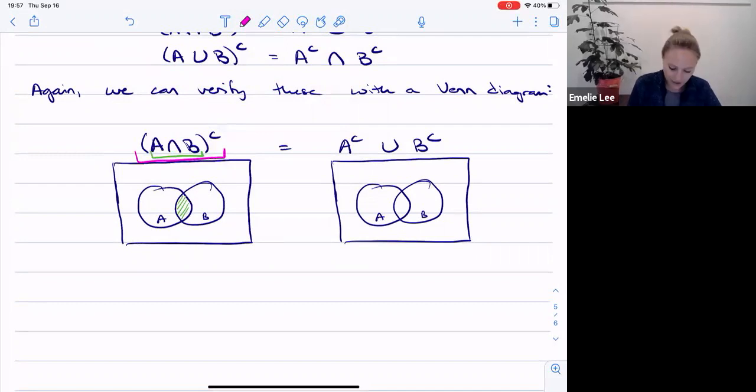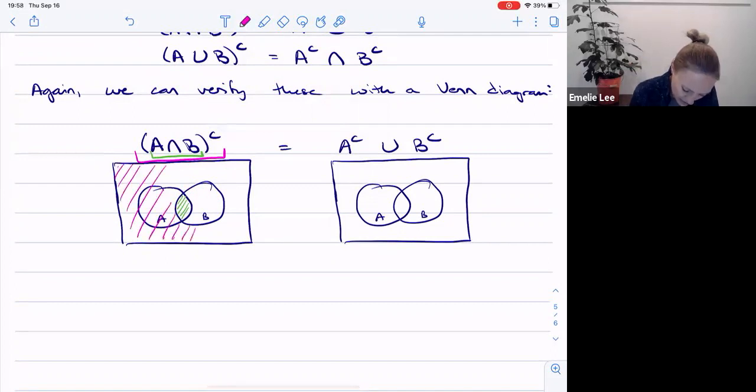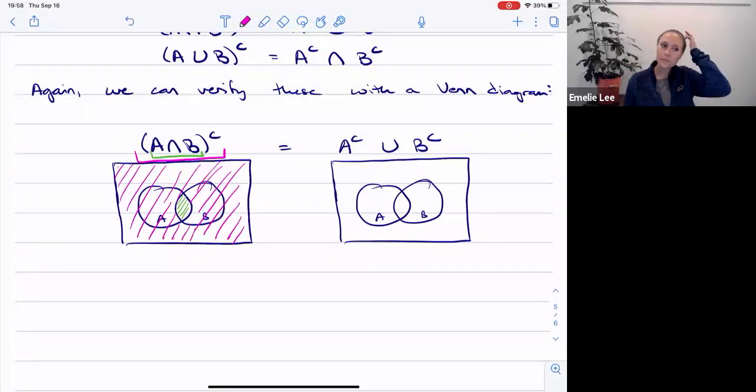Everything outside that area is not just restricted to A or B, right? It can be anything in the sample space, any value as long as it's not in that intersection. So basically what happens is we end up removing this little intersection here. And sometimes I like to highlight it by just tracing along the outsides.